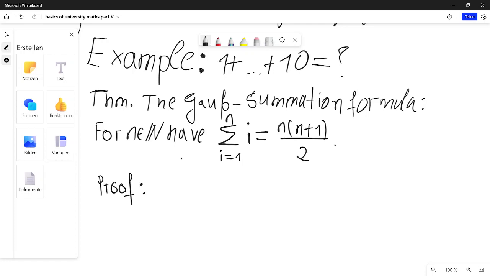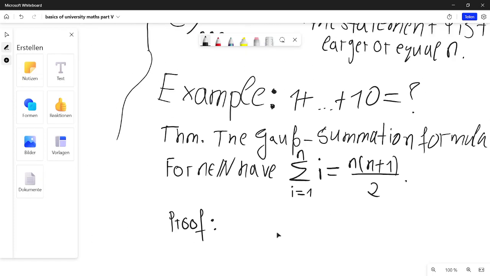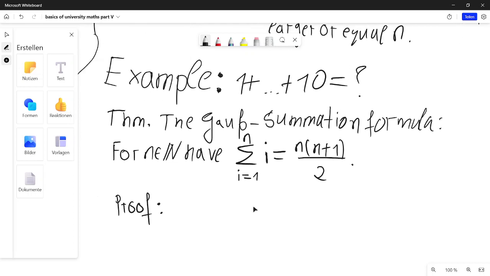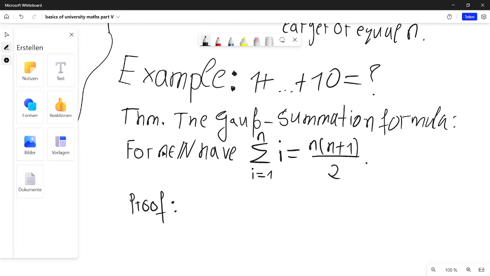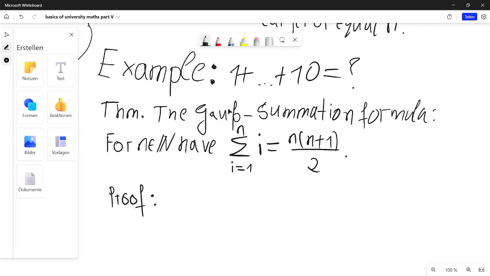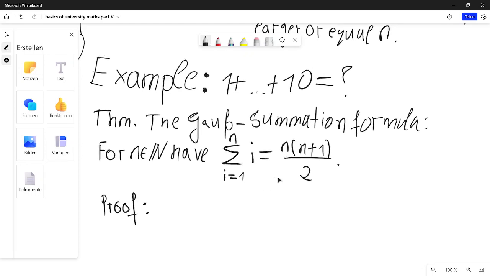We have to prove that. And we now have this axiom of induction. If you wanted to prove that for each n element of N this formula is valid, how would you go about that? You have to prove it for each n element of N. So you have to do actually an infinite amount of single proofs, right?